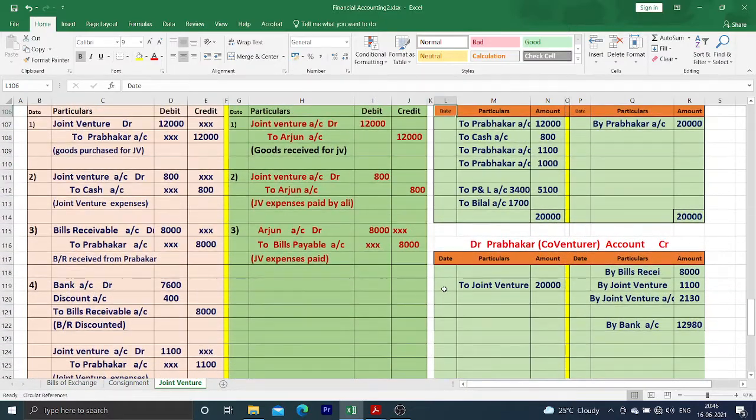First journal entry, by joint venture 12,000. Cash, by bills receivable 8,000. By Prabhakar 1,100, by joint venture.